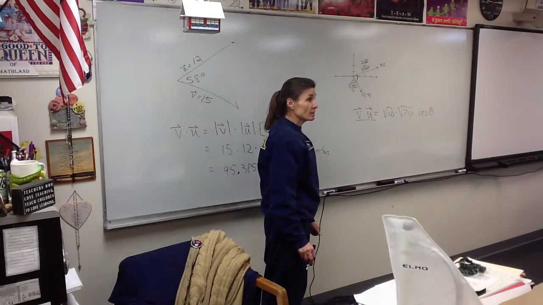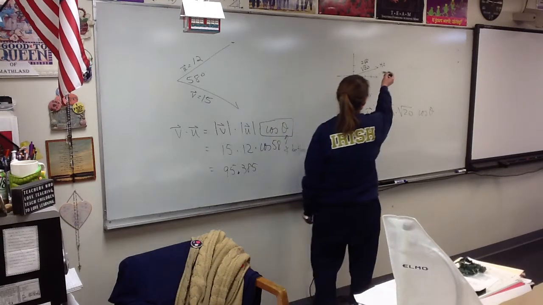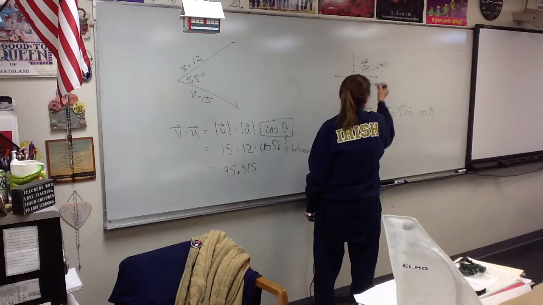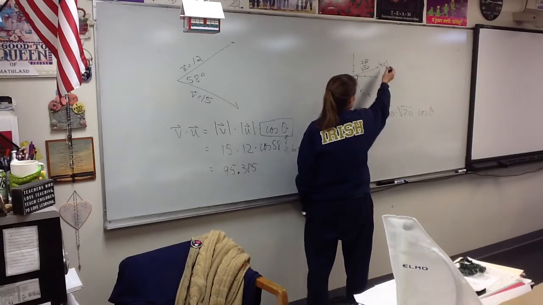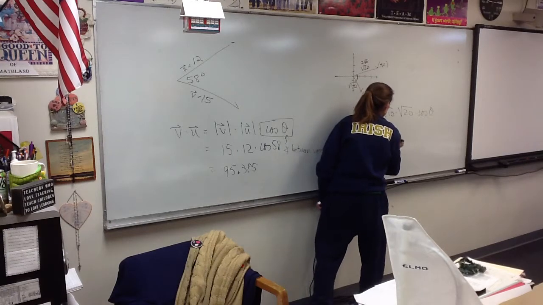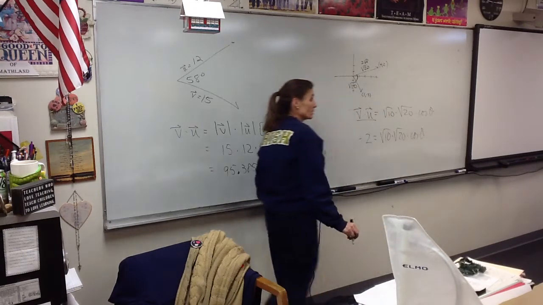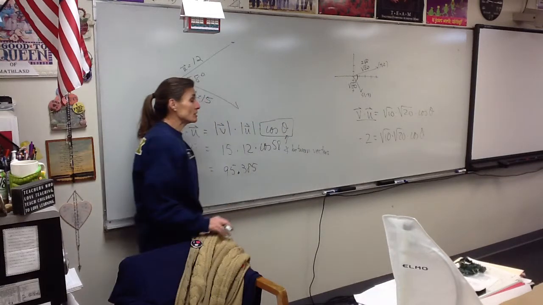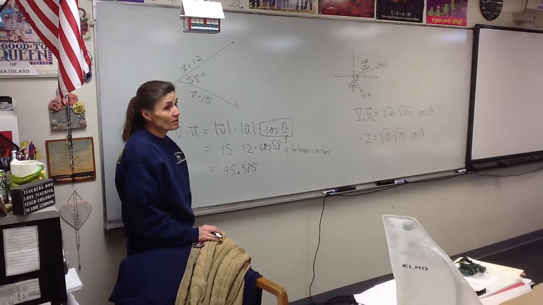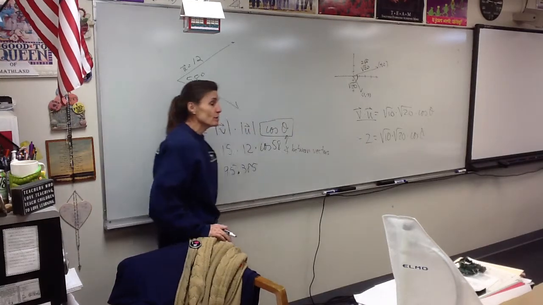Do I know what that is? Yes. Actually, I do, because I figured it out already. Didn't I do v dot u? And if I didn't, I'll do it again. Here are my two vectors. What's v dot u? 4 minus 6. So this is negative 2. What does the dot product do for me? It does a lot, but one of the things it does well is it finds the angle between two vectors.